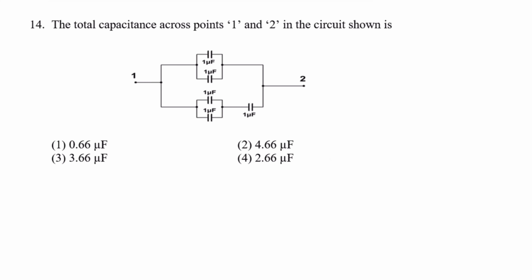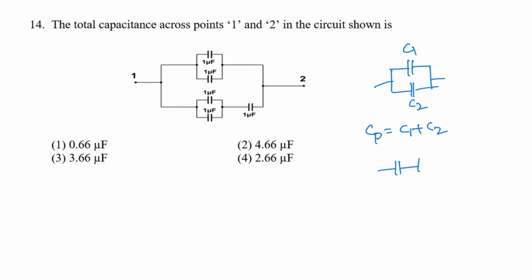Next question. Total capacitance across the points 1 and 2 in the given circuit. When two capacitors are connected in parallel, the equivalent capacitance is C1 plus C2.